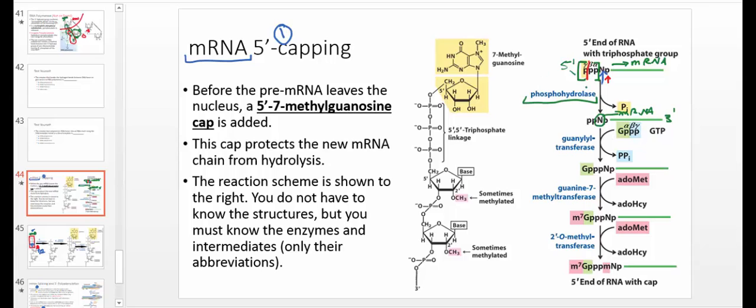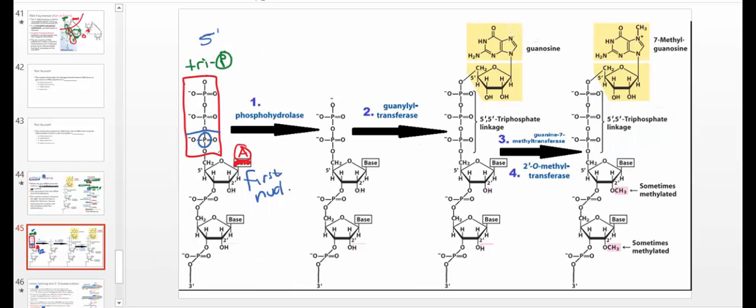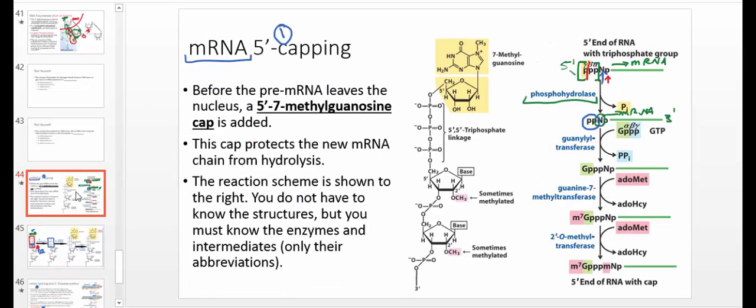But now, because I hydrolyzed off a phosphate, notice there's only 2 of them left. And that's what gives this enzyme the name phosphohydrolase. It's hydrolyzing off a phosphate, and so you end up now with only a diphosphate linkage. If we look at the structure from a biochemical perspective, now there's only 2 phosphates attached. Okay, that's important for the next step, and the next step is called guanylyl transferase.